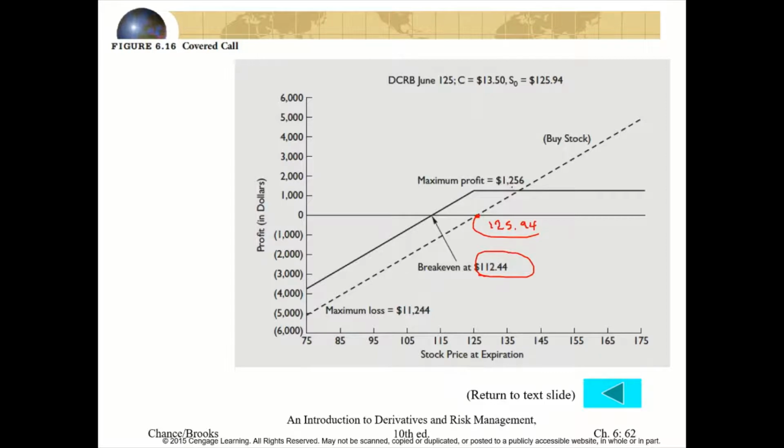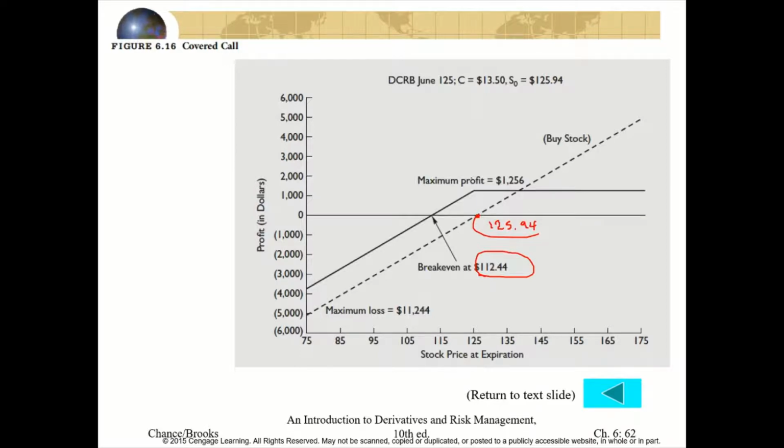Now, if you want to compare the return that we will achieve if we realize maximum profit, it is 1,256 divided by how much it cost me to create the strategy, which is the break-even point times 100. So in 1 month I will be achieving approximately 11%, or 0.11, as a return in case the call option expired in the money.